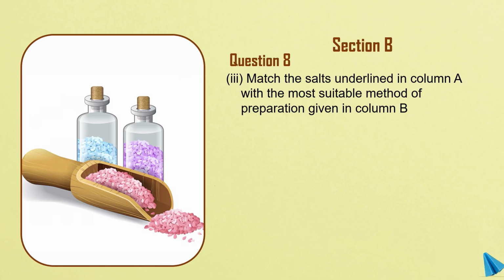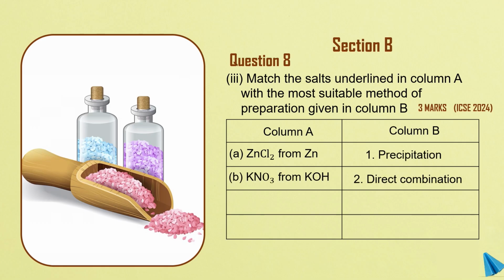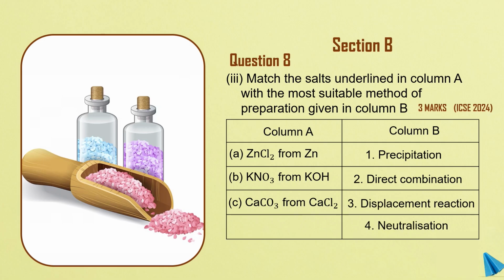Let's have a look at the new question. Match the salts underlined in column A with the most suitable method of preparation given in column B. So there are two columns given, column A and column B. Here we have ZnCl2 from Zn, KNO3 from KOH, CaCO3 from CaCl2, and in column B precipitation, direct combination, displacement reaction, neutralization.